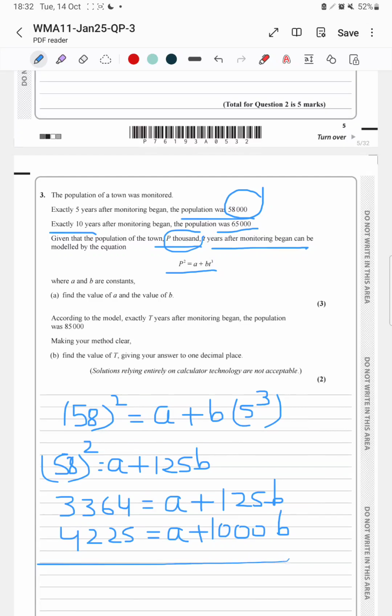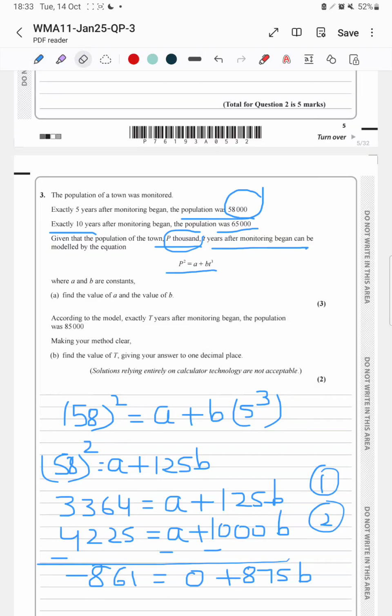Now we have to simplify these two equations, so you can give them the numbers like A and B. So we have 3364 take away 4225, so it will be a negative number, negative 861, and that is equal to, we will subtract all of these values, so 0, and then we have 1000, and we have to subtract 125, and that gives me 875B.